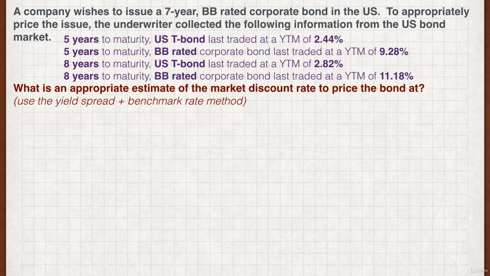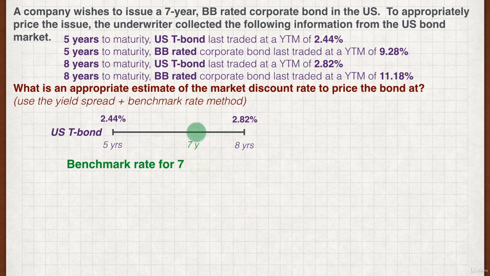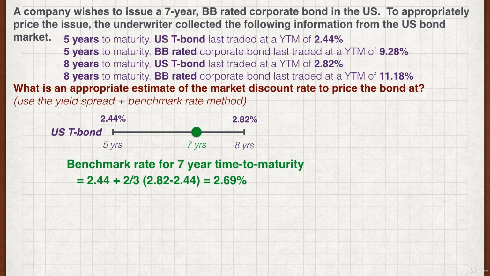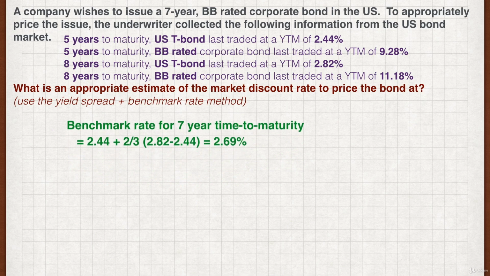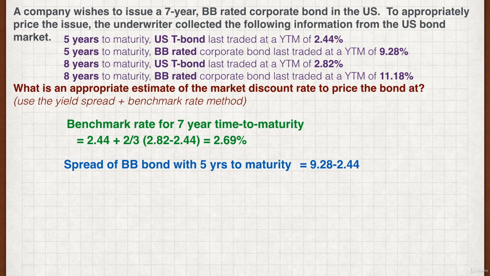And we're back. Let's first find the benchmark yield. We have a 5-year UST bond at 2.44% and an 8-year UST bond at 2.82%. Interpolating for the yield for 7 years' time to maturity, we get a benchmark yield of 2.69%. The next step is to estimate the spread. We first calculate the spreads for the 5-year and 8-year BB bonds.